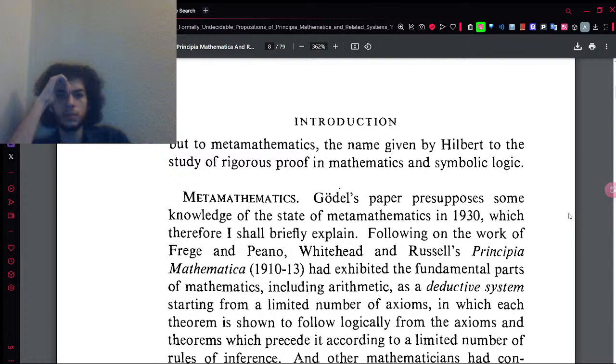Gödel's paper presupposes some knowledge of the state of metamathematics in 1930, which therefore I shall briefly explain.